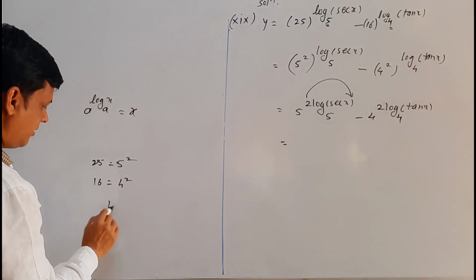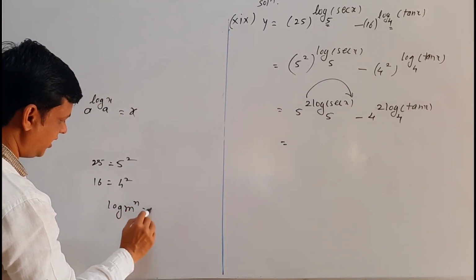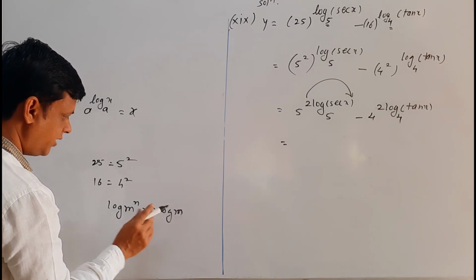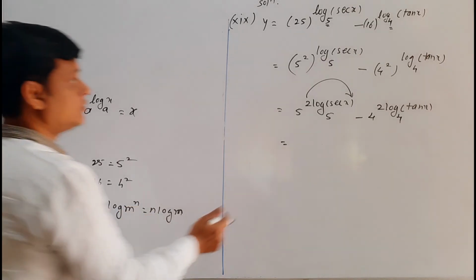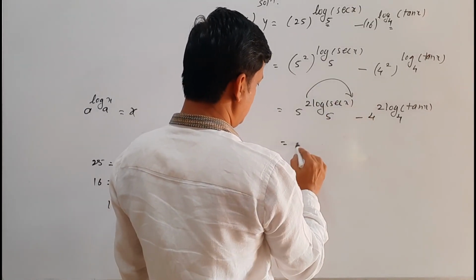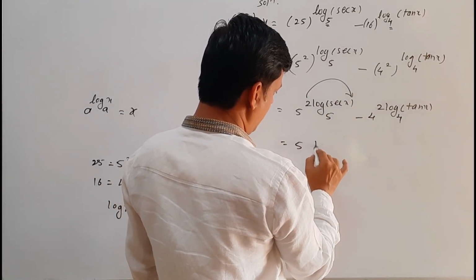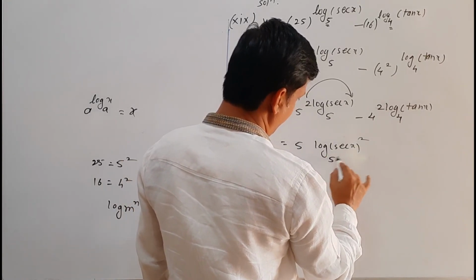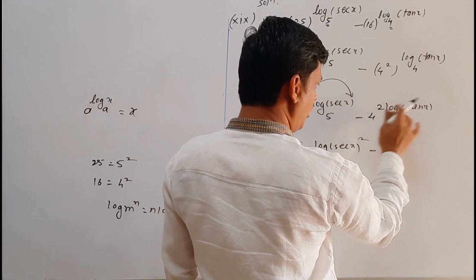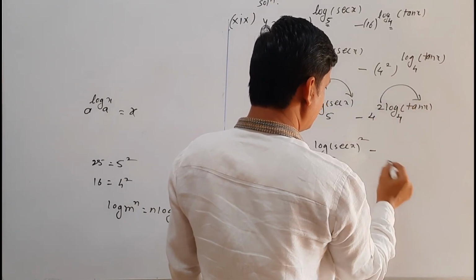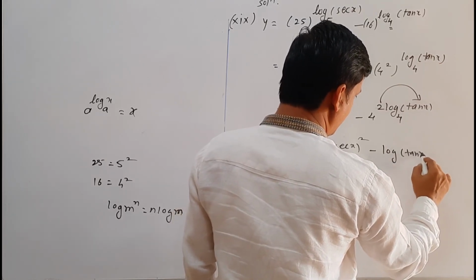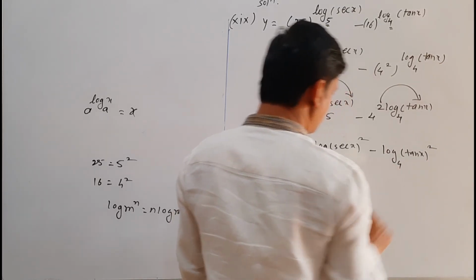We use the concept log m raised to the power n is equal to n log m, so we write this 2 in power. So we write 5 raised to the power log of sec x squared to the base 5 minus 4 raised to the power log of tan x squared to the base 4.